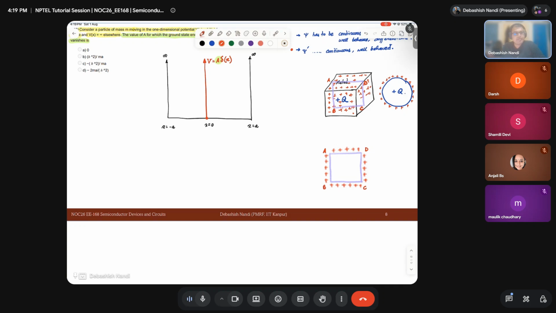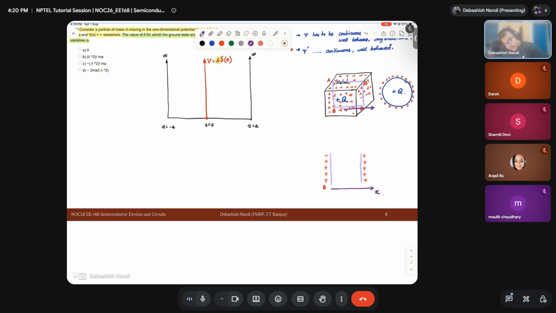Now let me make it more simplified. Let me just remove this particular part. Okay, so I am just looking at this axis. Let's say this is my x-axis.